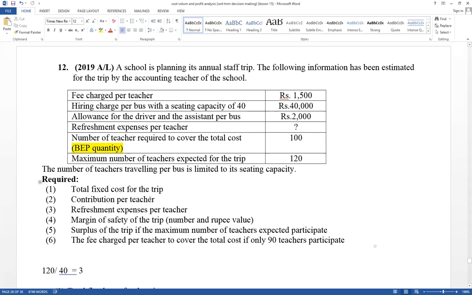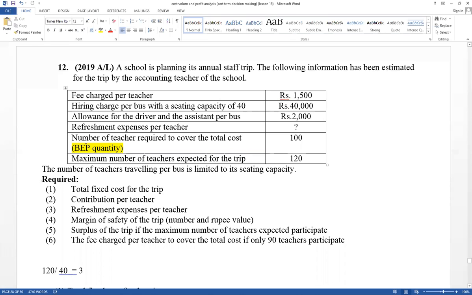Second one, contribution per teacher. That is the contribution per unit. Now it has given the break-even point quantity. Selling price is given, but variable cost is not given. Normally, contribution per unit equals selling price minus variable cost. In this example, variable cost is not given. Therefore, using selling price minus variable cost cannot be calculated.